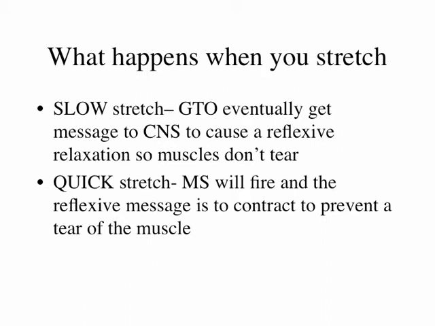But anyway, it contracts the muscle to prevent a tear of the muscle. So they're both working for us. It's just we don't want to overstretch slowly, and the GTOs help prevent a tear. And we don't want to stretch too quickly or overstretch quickly, and the muscle spindles help control that so that we don't have a tear in the structure.